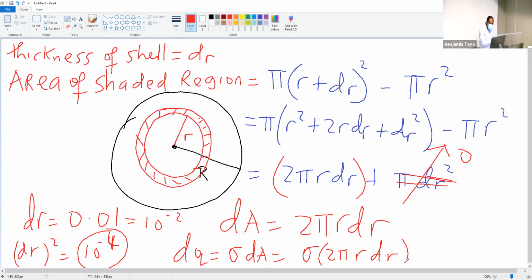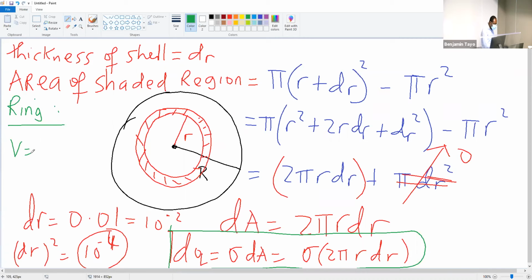Basically, once you have this equation here, everything is done. The calculation is already done. As long as you get this, what you do now is take the value for a ring. For a ring, we say that V is equal to KE Q over the square root of a squared plus x squared.